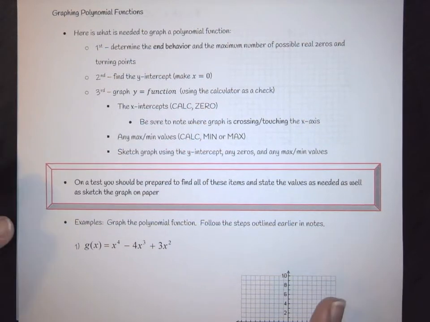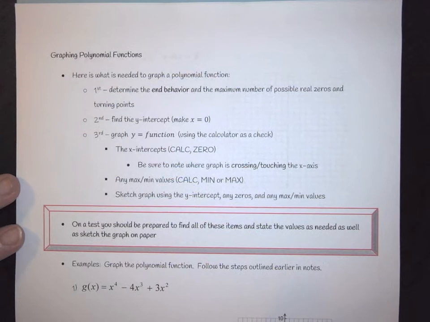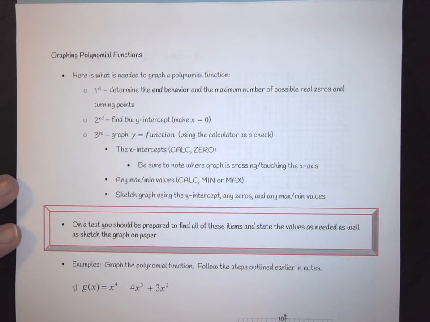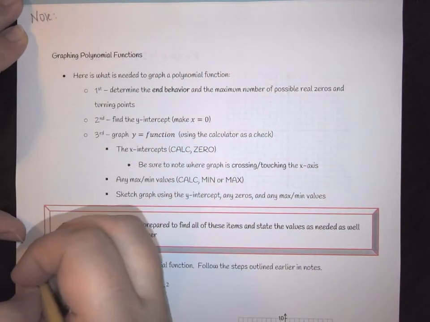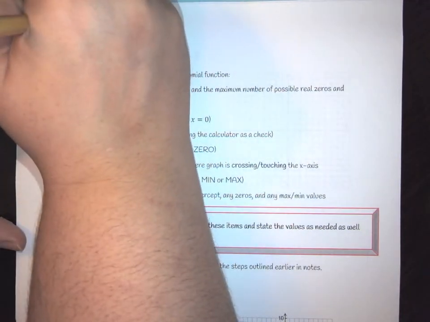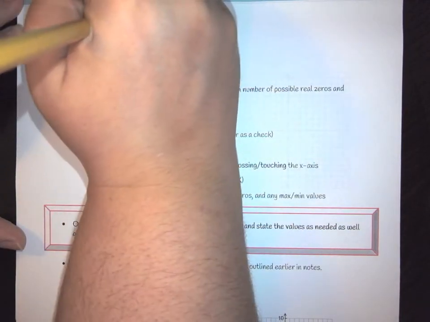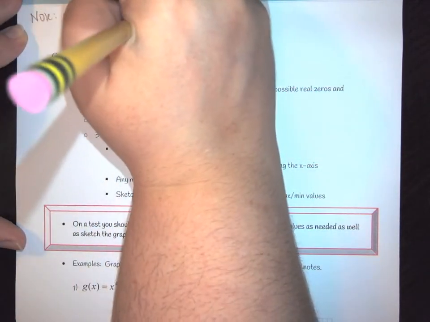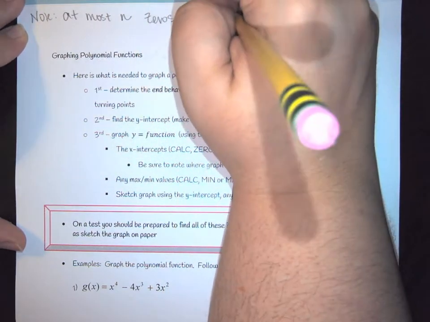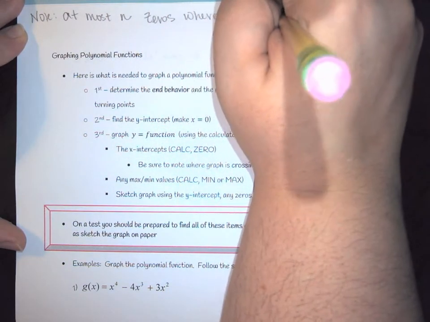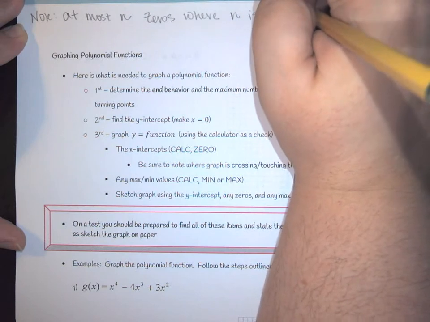might be. Now with that, you need to know how to identify your maximum number of zeros and your maximum number of turning points. So the biggest thing you need to note here is that you will have at most n zeros, essentially where n is the degree.